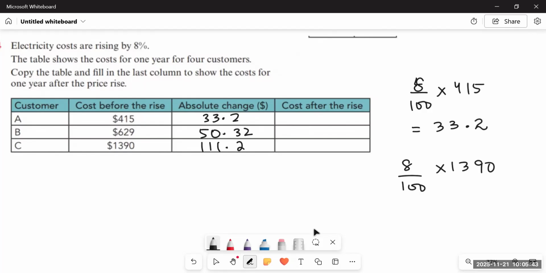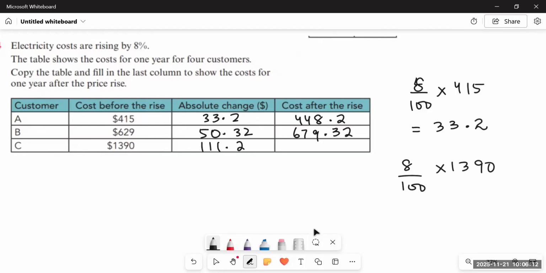So what would be the cost after the rise? For the first one, it would be 415 plus 33.2, which is 448.2. Now you simply have to add column number 1 and column number 2. For the second one, it's 629 plus 50.32, which is 679.32.